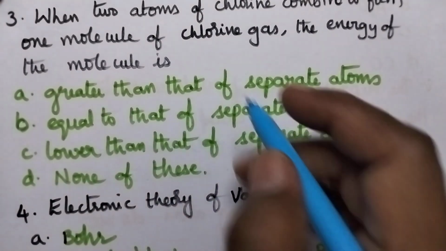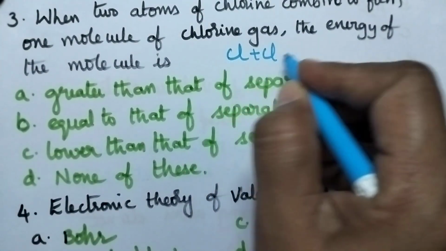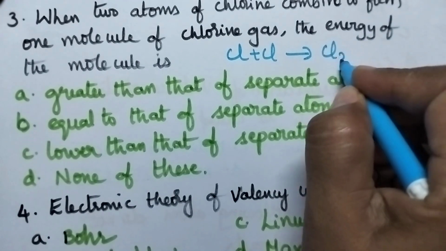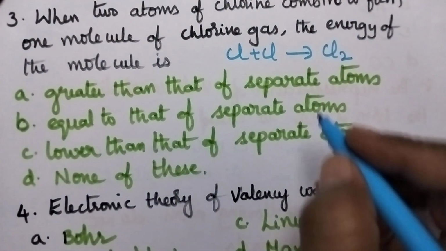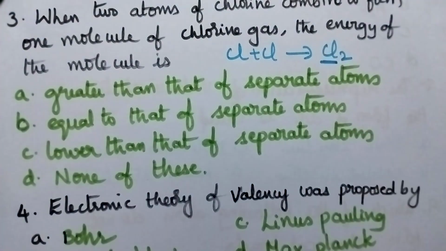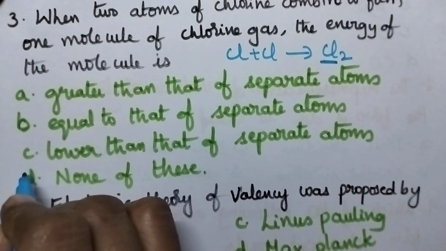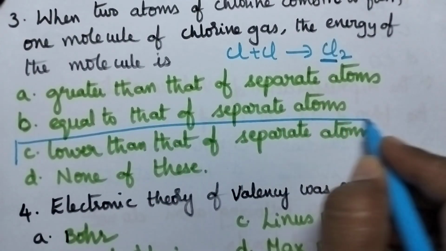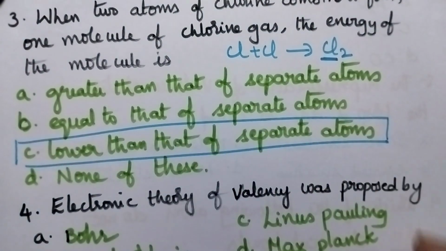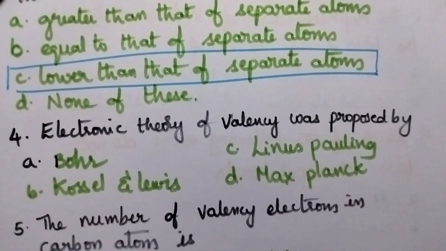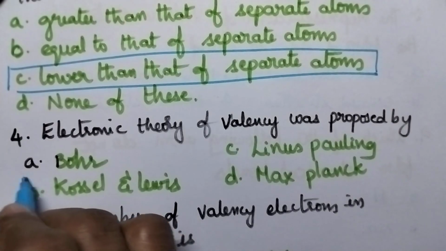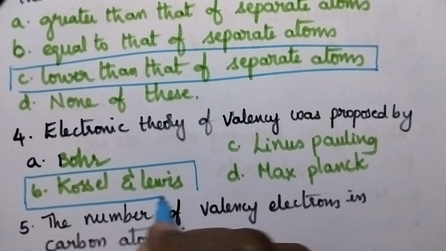When two atoms of chlorine combine to form a molecule, that is chlorine gas, the energy of the molecule is, always remember, the energy of the molecule is lower than that of its corresponding atoms, and hence option C is the right answer. The electronic theory of valency was proposed by Kossel and Lewis.